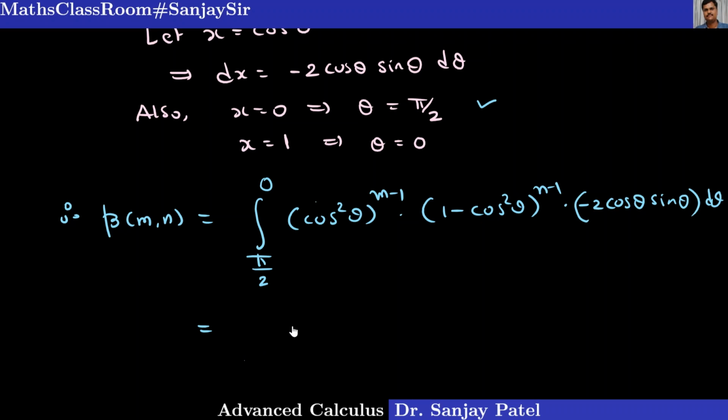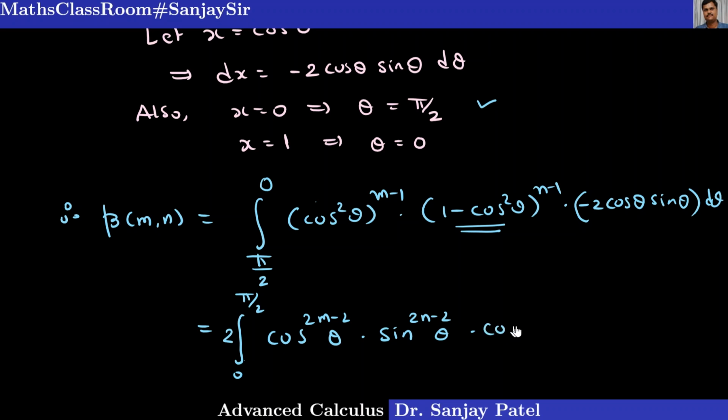So this is equal to integral 0 to pi by 2, cos raised to 2m minus 2 theta. 1 minus cos square theta is sine square theta, and sine square theta raised to n minus 1 gives you sine raised to 2n minus 2 theta, and into that there is a 2 cos theta sine theta, so that 2 I am writing here, and into cos theta into sine theta.